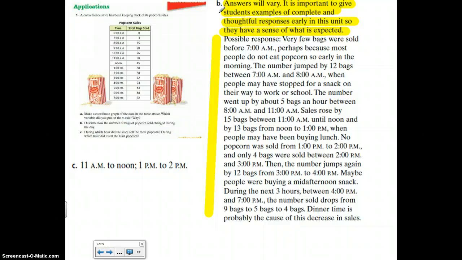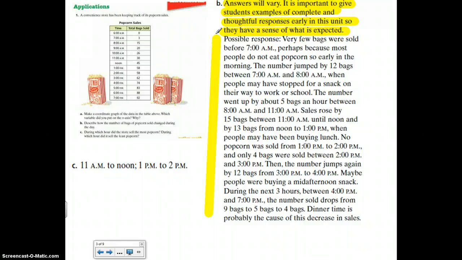So I would expect you would say something like, very few bags were sold in the morning, maybe because people don't eat popcorn. The number of bags jumped after the breakfast hour, maybe people had a snack. Then it went up again. At noon, they sold the most bags because that was lunchtime.